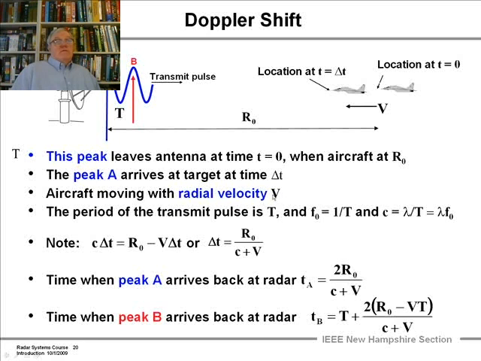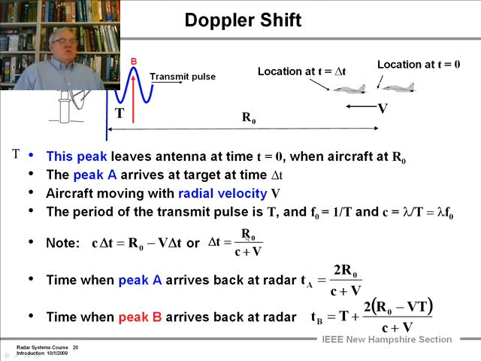And if it were, say, rising, the radial velocity would be less than the velocity along the line of sight of the target and the radar. But let's just assume that the radial velocity is along the line of sight of the full velocity vector of the target. The period of the transmitted pulse is obviously the time between the peaks, and the frequency of the radiation is 1 over that.